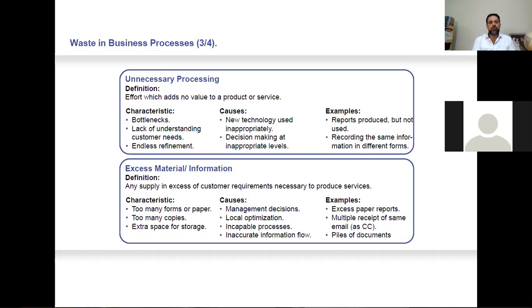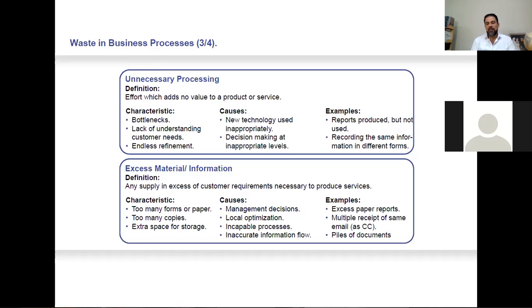Excess material or information. Part of my experience was on a construction site, and to be frank, we never finished a project without excess material there. And this is why: because everyone is putting a margin on any order. The designer is putting a margin.